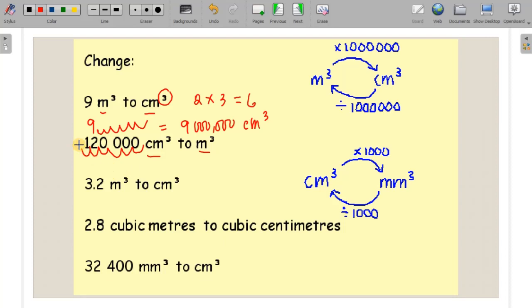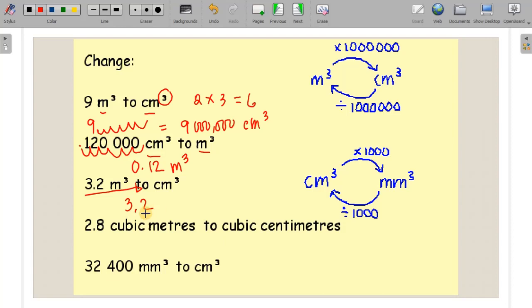So the final answer is 0.12 meter cube. Again, do not forget cube. That is a very important part of the unit. So m to cm, it's the same as the first one, going to the right, 6 steps. I will write 3.2 first for you to see. Then I will move 6 steps to the right.